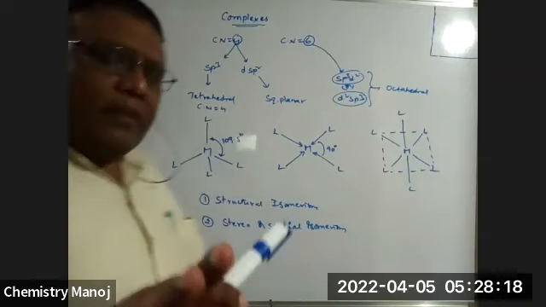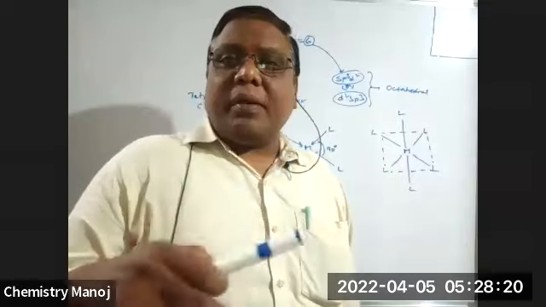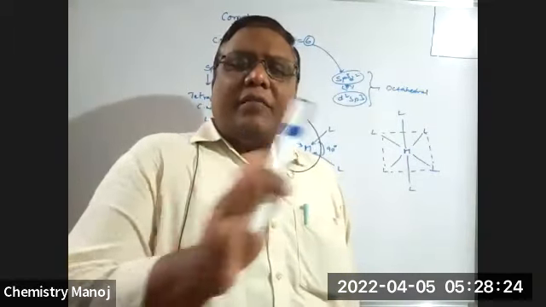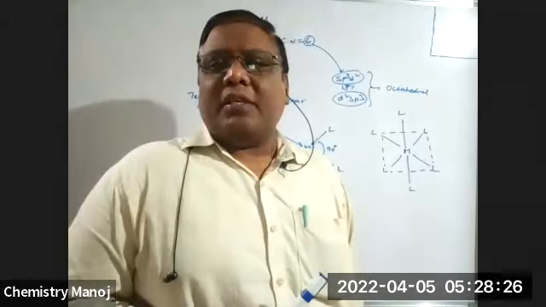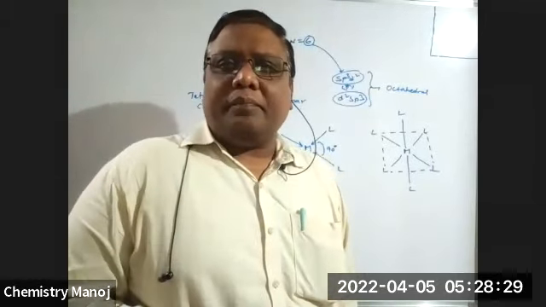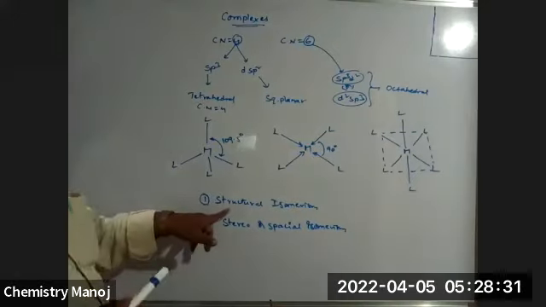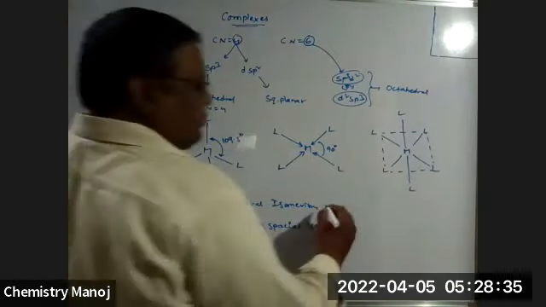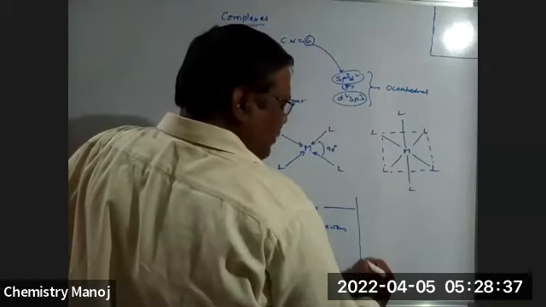My dear boys, here we are discussing the revision part of complex compounds: how to identify which type of isomerism is exhibited in a particular complex. That is what I am discussing here. Structural isomerism in complexes has different types.